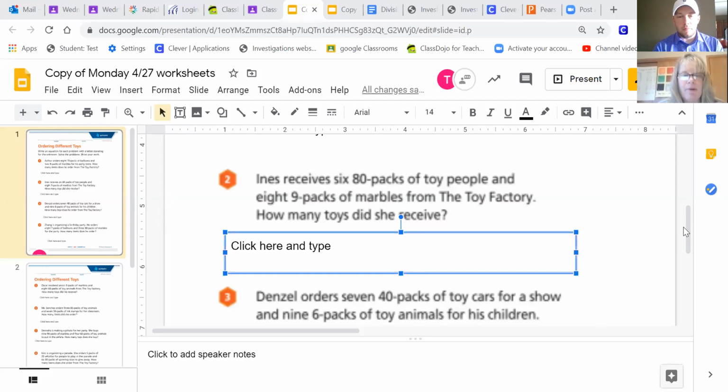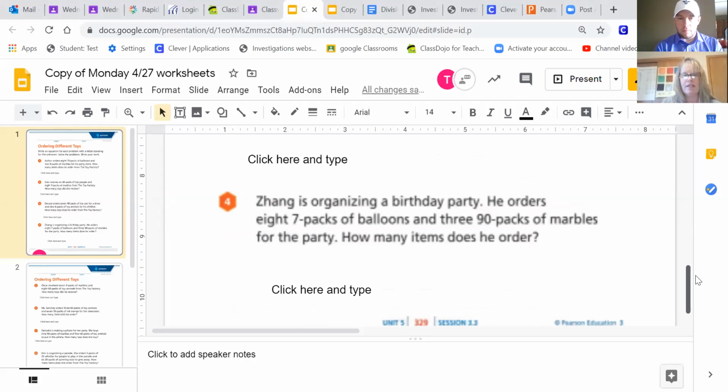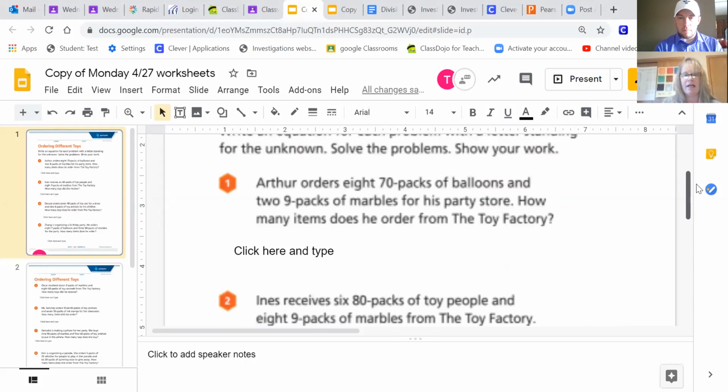When you see a page, you will see where it says click here and type. Once you click in there, you'll be able to type after you read the problem. You can see here's question 2, and there's question 1, there's question 3. Let's see how many problems are on this page. I think there's 4.